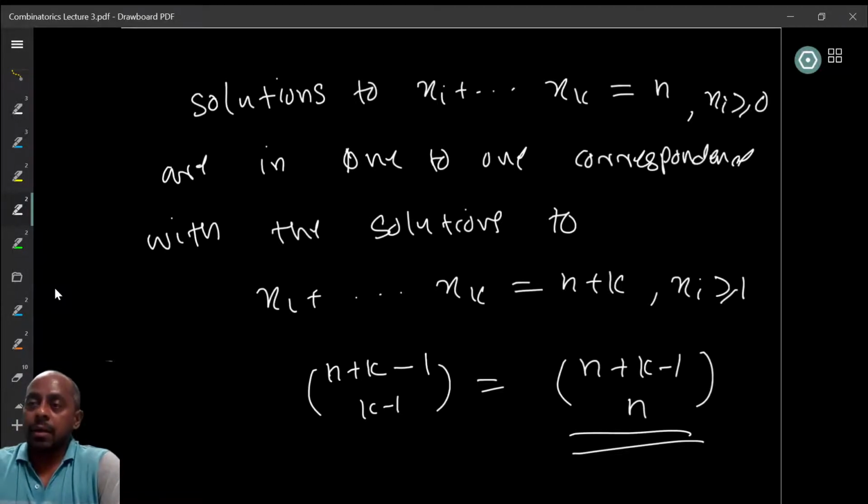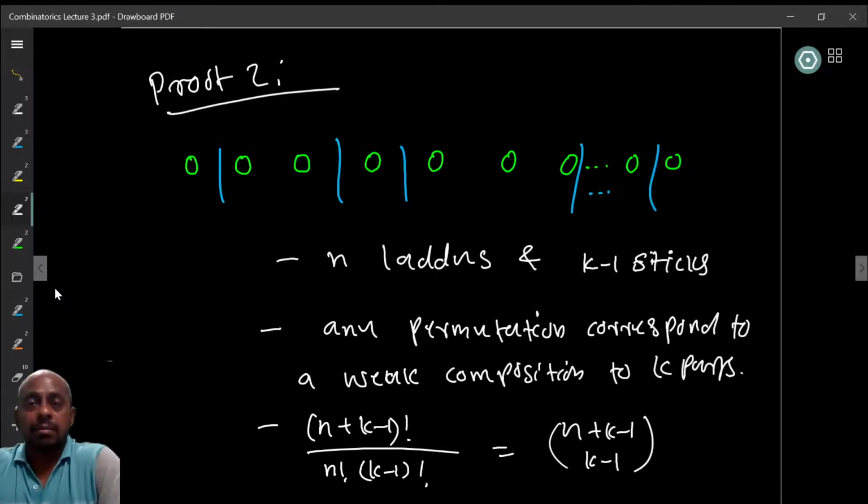Now let me give you another proof, okay, to the first question, weak composition. So proof 2 is also quite nice. This is by using another result, right? So what we do is that we observe that the number of ways to distribute the laddus to the kids can be made as follows.